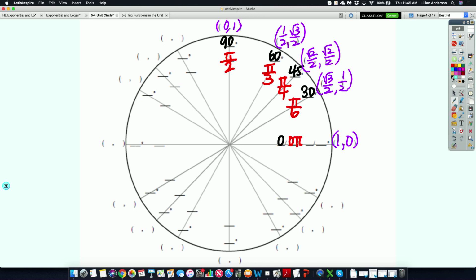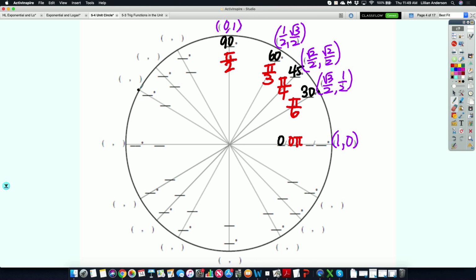And if you also notice when it comes to the ordered pairs, 30 degrees lies in the exact same spot as this point in the second quadrant. In the second quadrant, that point is the same distance away from the x-axis as it is from the y that 30 degrees was.